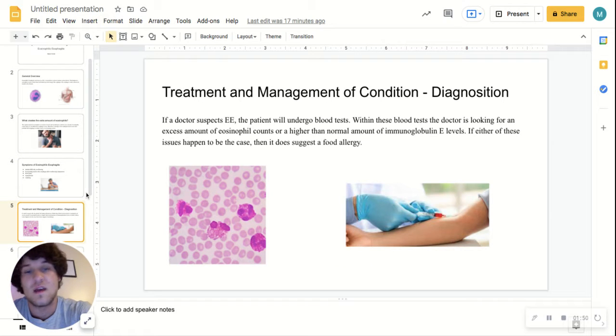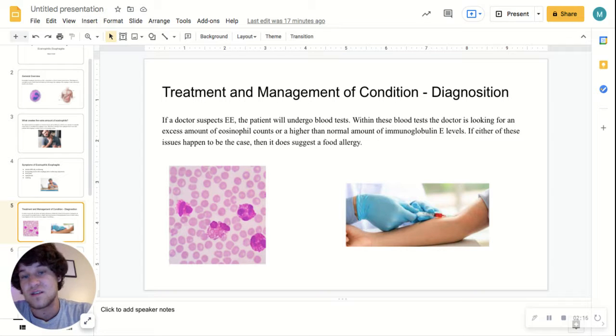And treatment and management of the condition. I put diagnosis right here. If a doctor suspects EE, the patient will undergo blood tests. Within these blood tests, the doctor is looking for an excess amount of eosinophil counts or a higher than normal amount of immunoglobulin E levels.